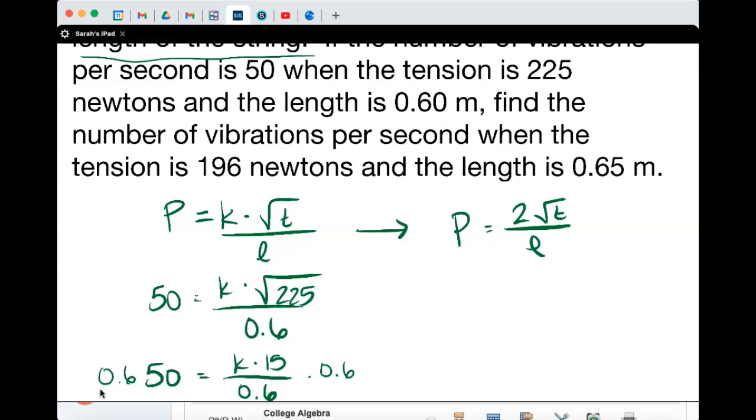Okay, so now we can use our variation equation to find the number of vibrations, or our pitch variable. So plugging in a tension of 196.